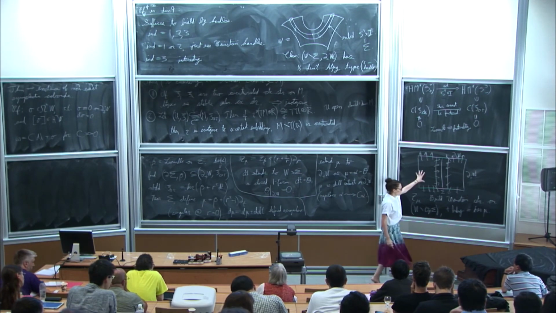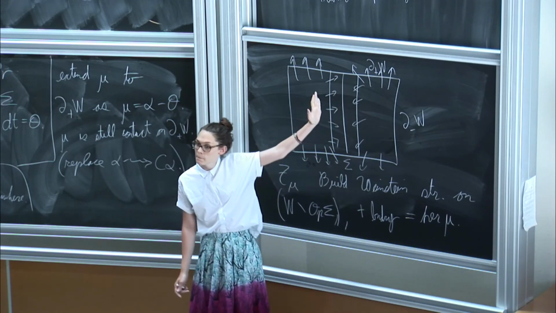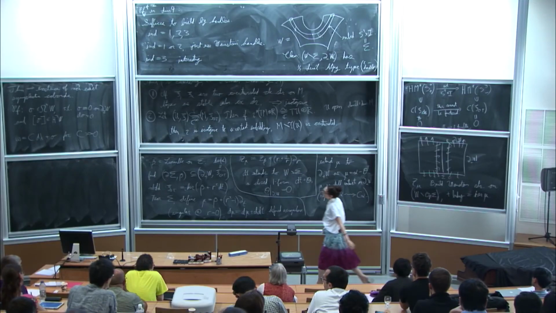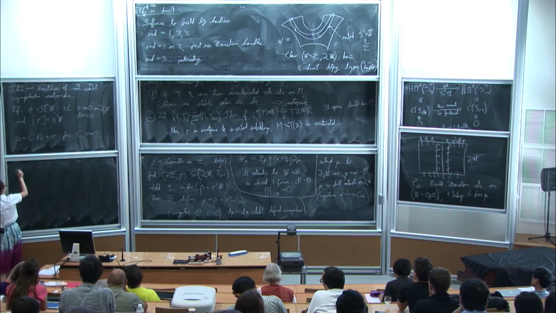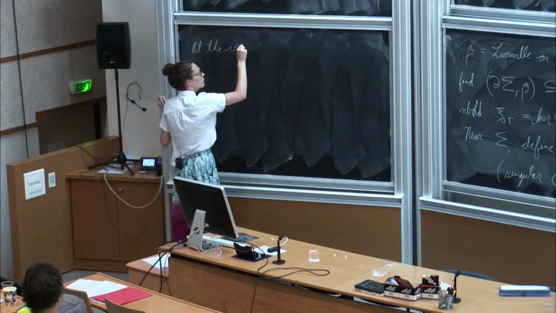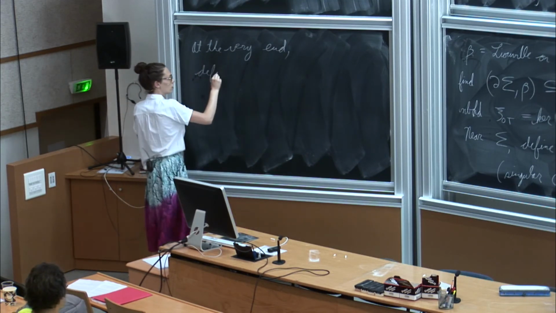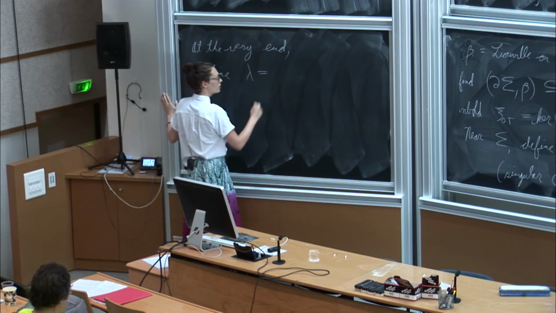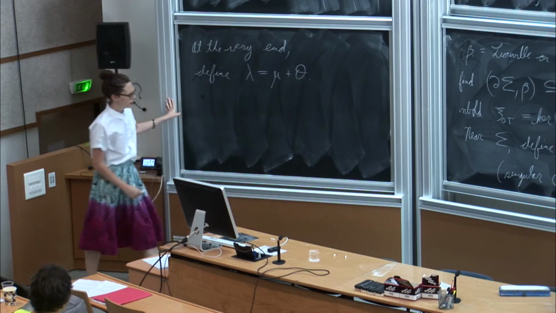Now, this still isn't good because it's still singular at sigma, right? But now, at the very end, I'm going to define lambda to be just mu plus theta.